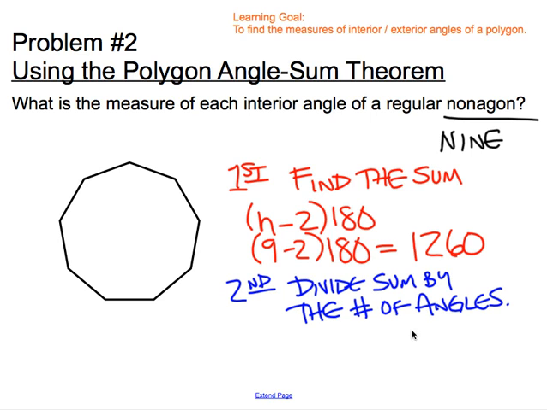So we have the sum from the previous portion, 1,260, and we want to divide that by 9. And that's going to give us the result of 140 degrees. So each one of these angles inside this regular nonagon is 140 degrees. So they're all 140.